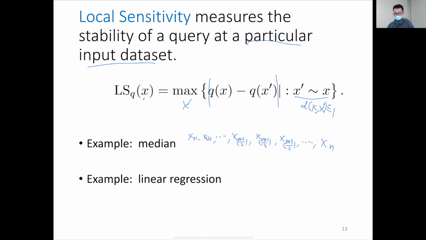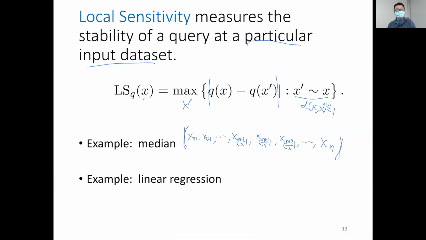So let's say that you have this data set. And now this is a particular data set. So instead of having the global sensitivity that depends on some hypothetical worst case data set that's very ill behaved, in the situation when we have this actual data set, we consider the maximum perturbation by adding or removing, or by replacing one of the data points.